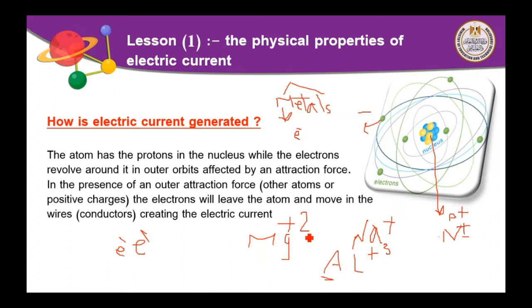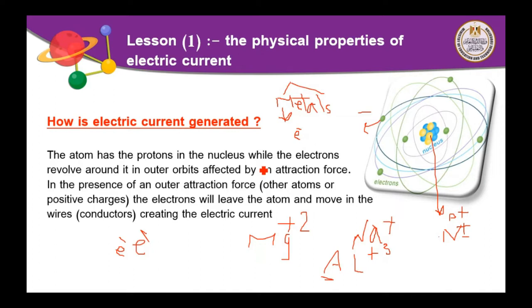Again, how is electric current generated? We know that an atom has protons in the nucleus, while the electrons revolve around it in the outer orbits, affected by an attraction force. Where is the attraction force? The attraction force is between the positive proton and the negative electrons. This force appears as a result of the difference in electric charges, because the proton is positive and the electron is negative.